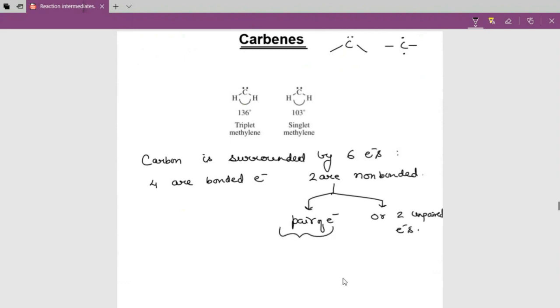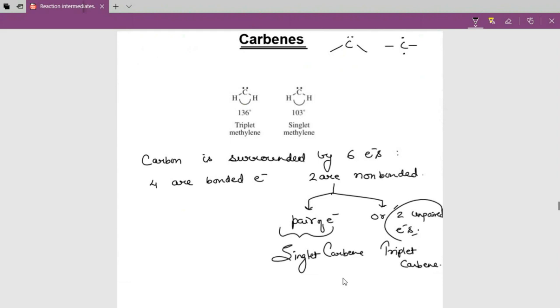When they are in the form of a pair, it is called singlet carbene. When they exist as unpaired electrons, they are called triplet carbene.